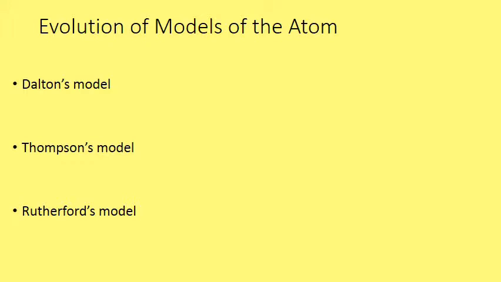Now we're getting into the early part of the 20th century, when it was improved again by Niels Bohr, and that prevailed for quite a while until the Bohr model was improved and modified, which is in fact the model of the atom that we work with at A level mostly.